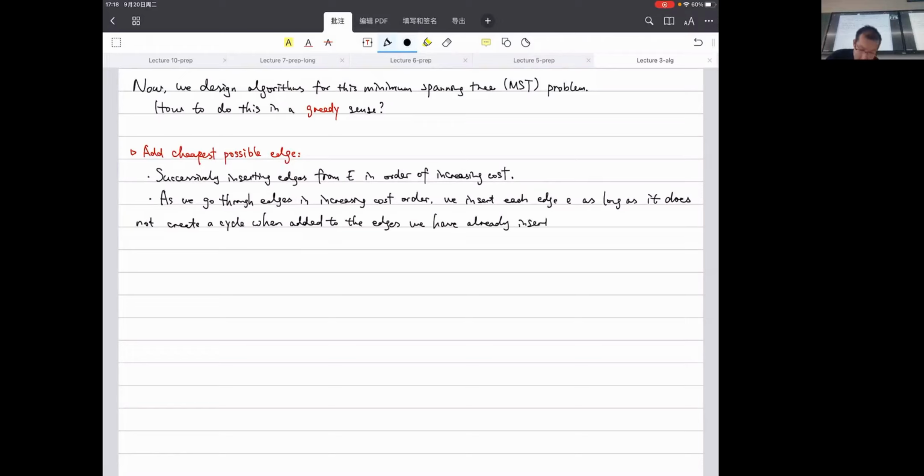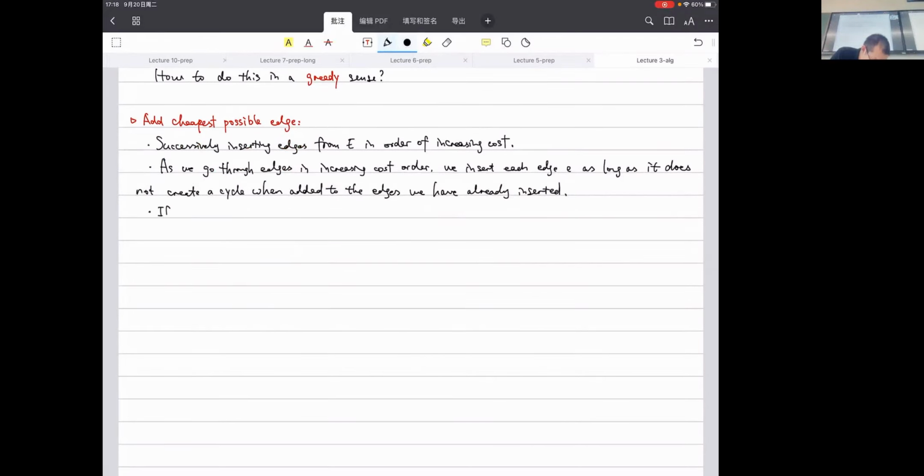You can imagine that we keep adding from the cheapest to the most expensive; at a certain point, of course, we are going to incur some cycles. If, on the other hand, inserting E would result in a cycle, we just discard E and continue to the next edge in this increasing order of edges.